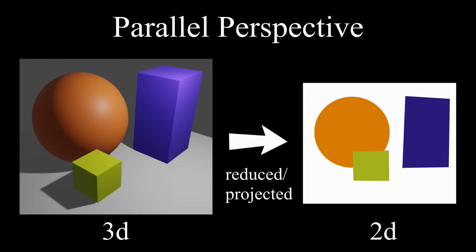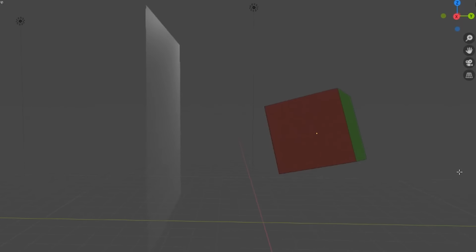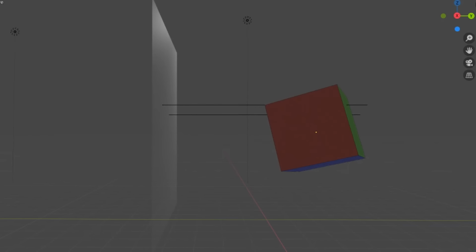Remember, a projection is a rule by which the 3D world is reduced to a 2D image. What is the rule for parallel perspective? In parallel perspective, there is a plane in space we call the canvas. And here we have an object we want to observe. In order to do so, we need to follow lines that go through the object and hit the canvas perpendicular.